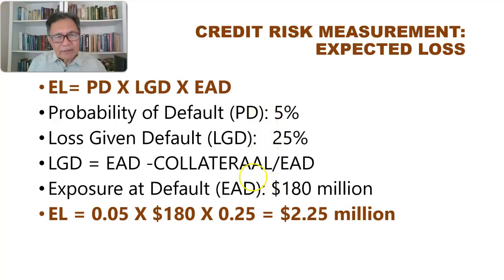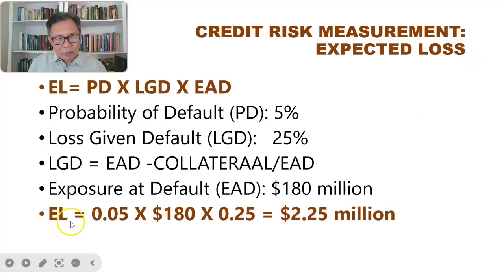Then the next thing to do is to estimate what is the expected loss of the exposure. So there is a formula given here. Expected loss is equal to PD times LGD times EAD. So we have these numbers, so we just put them here in the equation.